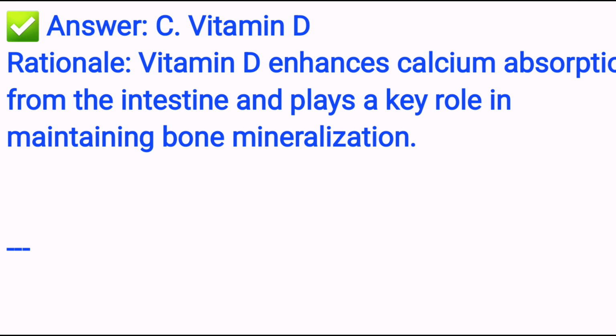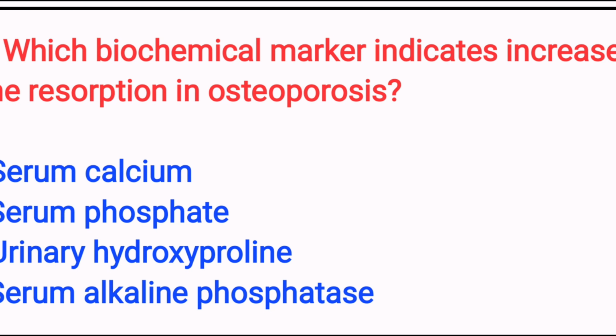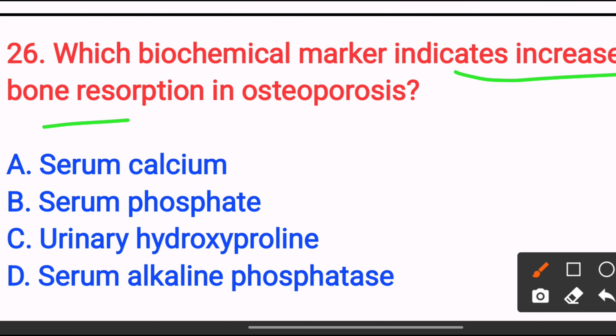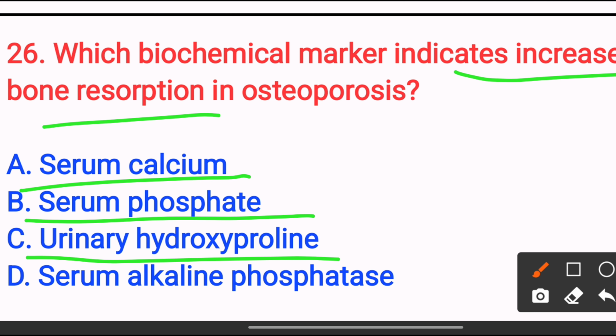Next, which biochemical marker indicates increased bone resorption in osteoporosis? Option A, serum calcium. Option B, serum phosphate. Option C, urinary hydroxyproline. Option D, serum alkaline phosphatase.